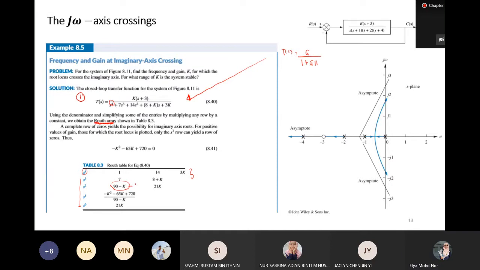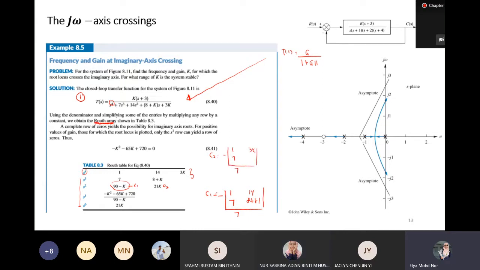So by now you all should know how to find it. The Routh-Hurwitz row is 1, 7, 14, 8 plus K over 7. Am I right? Okay, so that is C1 and this is C2. So what is C2? C2 will be minus 1, 7, 3K over 7.